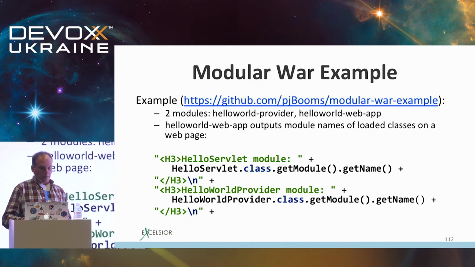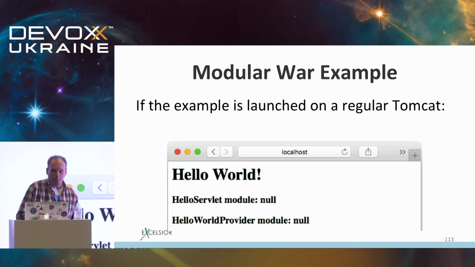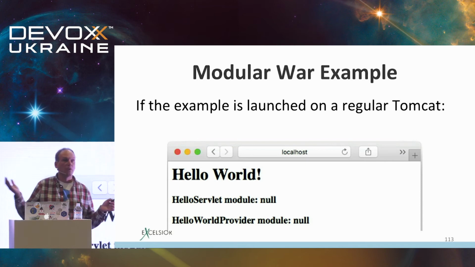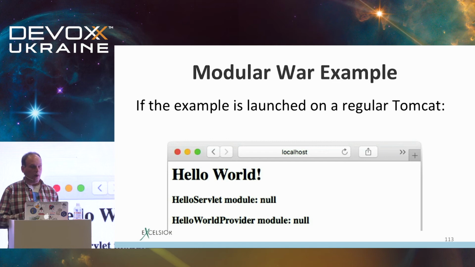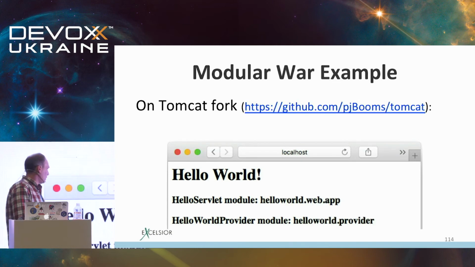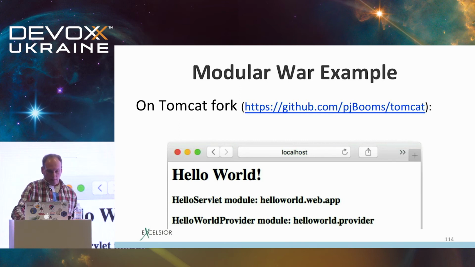If we run our example on a usual Tomcat, we will see that modules have no name, so they belong to the unnamed module. However, if we run the example on my fork, we see the names. And I'm going to tell you how I achieved this.